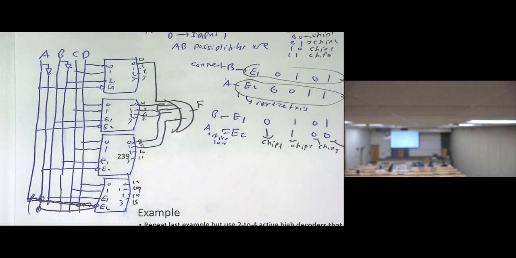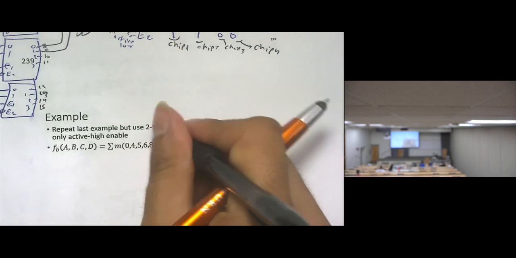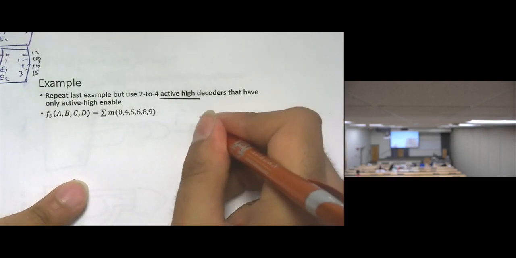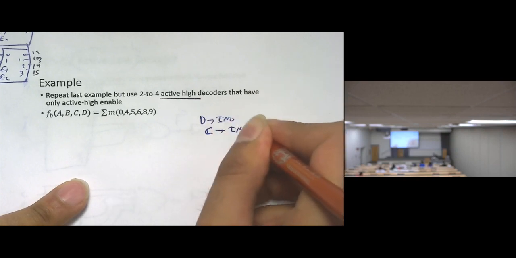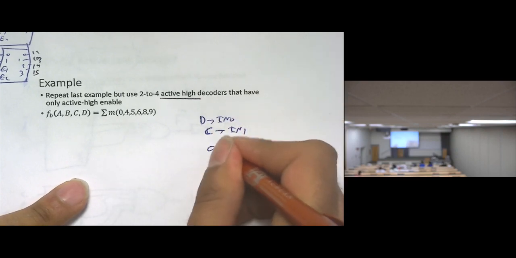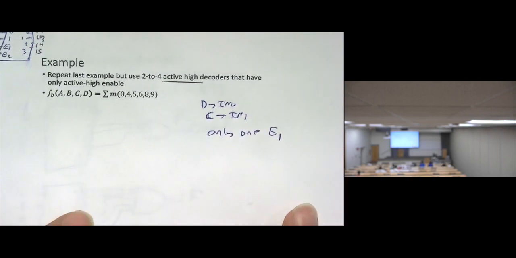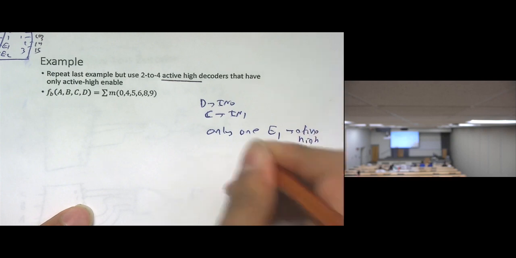Now the last example, assuming one active high enable decoders. So basically, D will be at input 0, C will be at input 1, then we have only one enable, and it is active high. So I can say I have AB 0, 0.